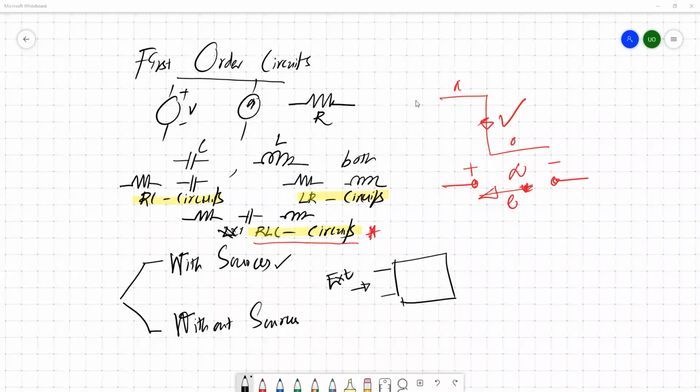So what is an external source? If you go through the without sources scenario, you find that during the last discussions, we found that capacitors and inductors can store energy.